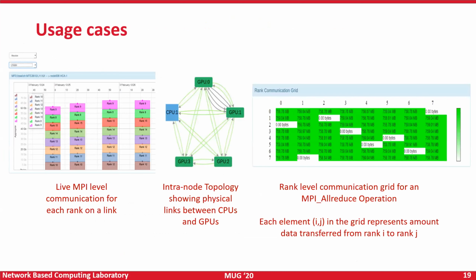I think there's a question here, so I can answer that before moving on. The question is, can you explain again how INAM collects data without having a per node daemon? INAM collects three to four different kinds of information. One is from the fabric itself, from the network, it collects a lot of InfiniBand port metrics. It then collects information from the job scheduler, so it queries the job scheduler.